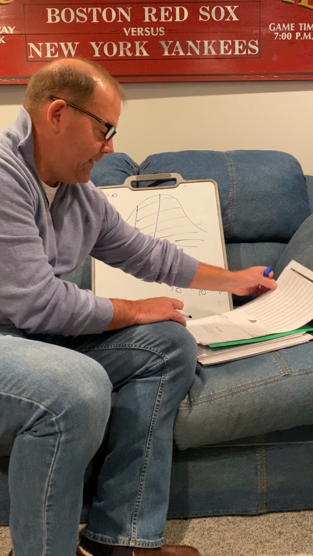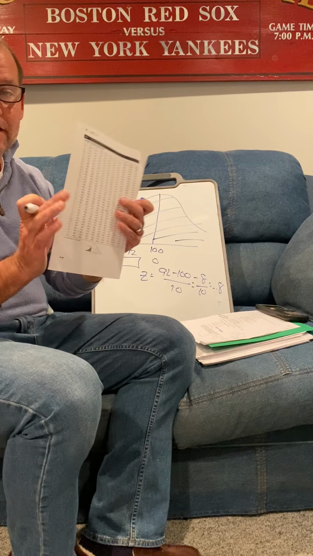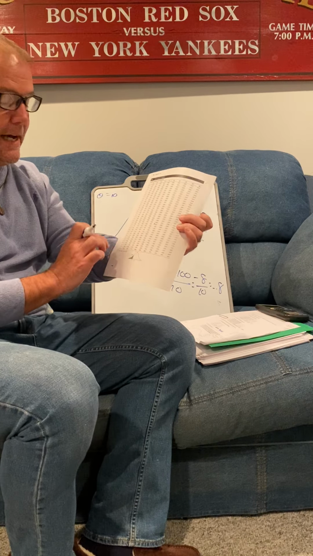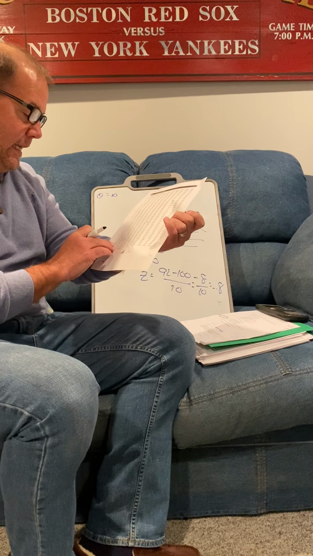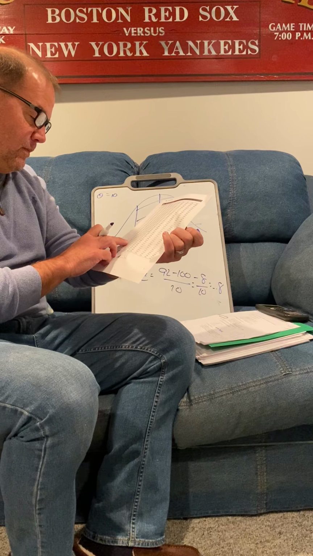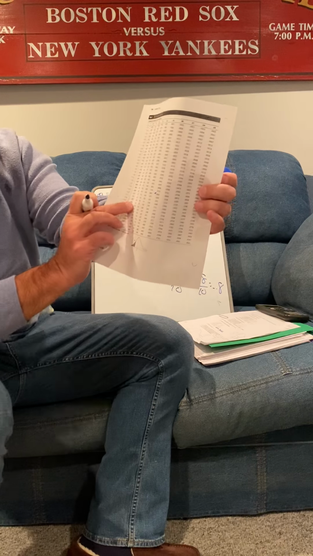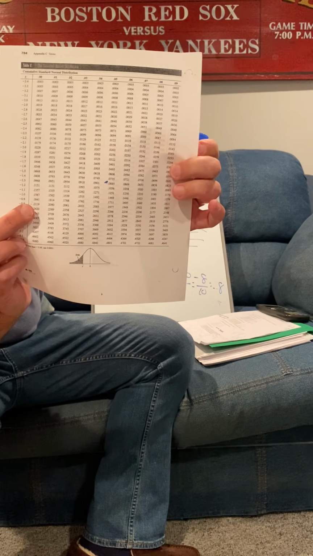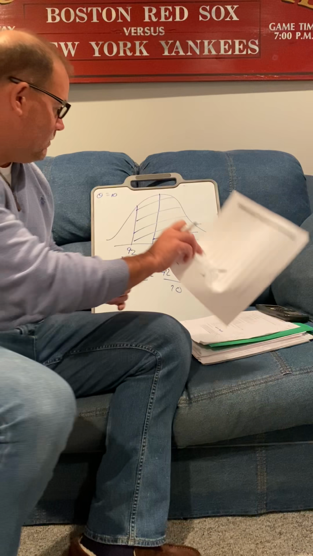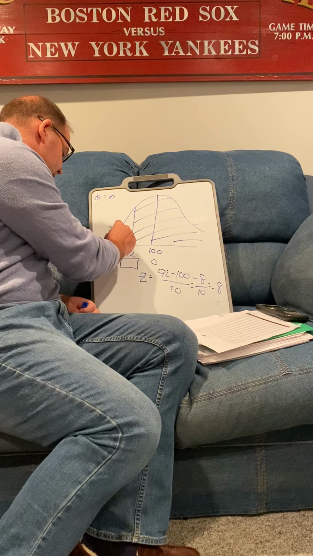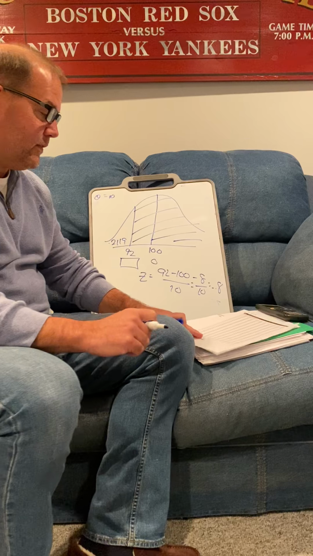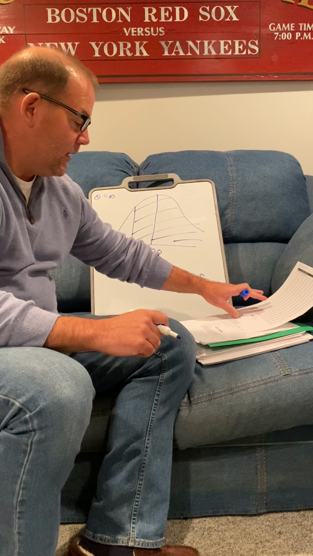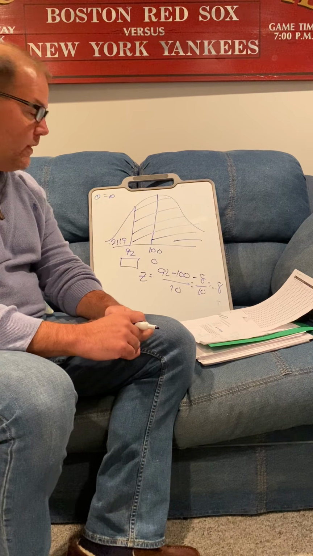So now we're going to go to the negative side. We have a positive side for our z-scores, and we have a negative side on our table. Negative 0.8 is going to be 0.2119, so that very first value there on the table. Again, that is the area to the left. We don't want to know the area to the left. We want to know the area to the right.